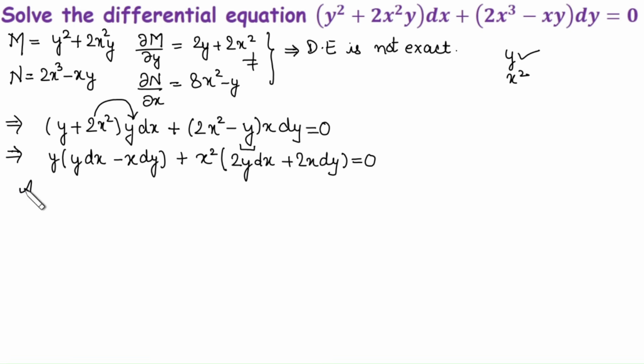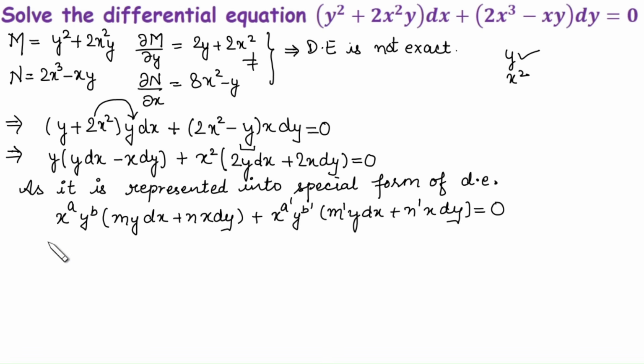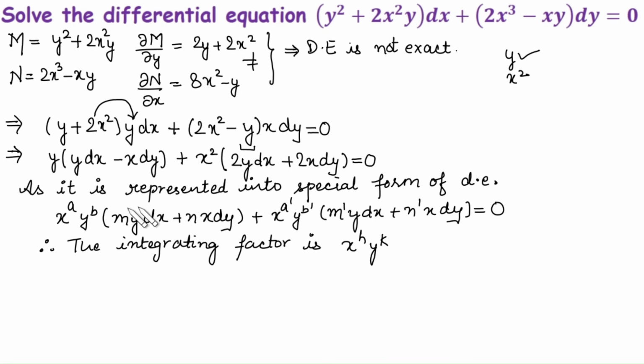Now as it is expressed in the special form of differential equation as this, therefore the integrating factor we assume is x raised to power h, y raised to power k. Now how can we say that this is in this form?